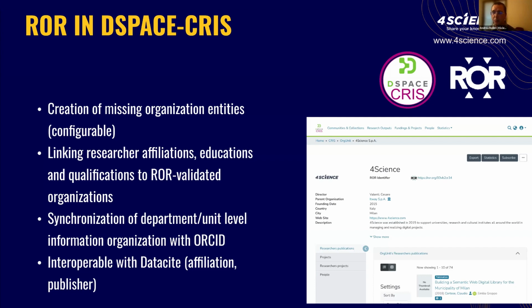And here is where ROR will help. The previously mentioned information is also relevant for ORCID, so you will see how this information can be synchronized with ORCID thanks to the availability of the ROR identifier.